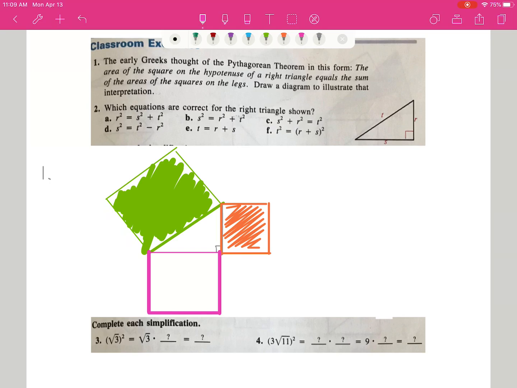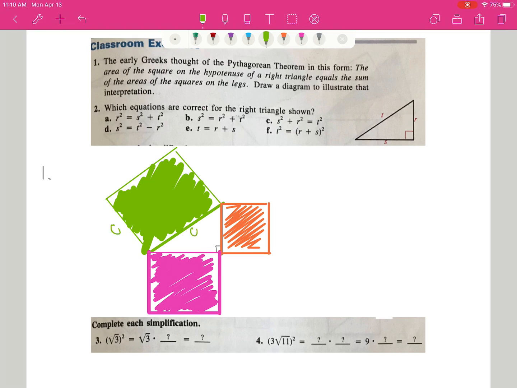So if I take the pink and the orange squares and I add them together, it's going to be the area of the green square. So this is what's so cool about it, though.